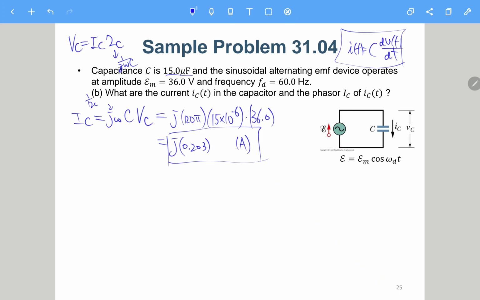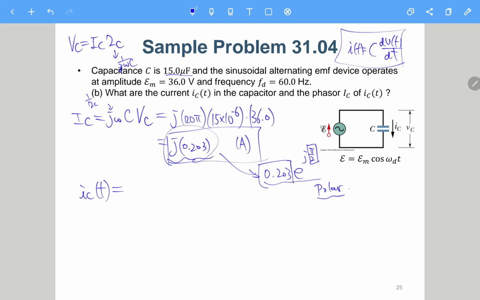After getting this, we can directly write IC of t. This is an imaginary number, so you can regard it as 0.203 exponential to j pi over 2, changing it to the polar form of a complex number. This is the amplitude and this is the phase.